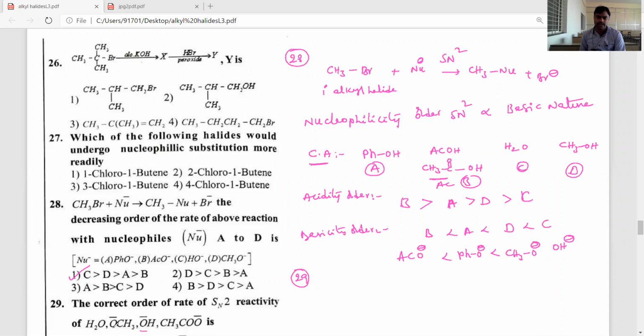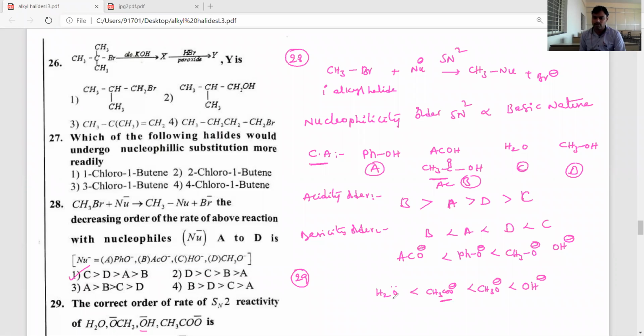OH minus is more than CH3O minus, and then acetate ion, CH3COO minus, because negative ions have more nucleophilic strength when compared to neutral molecules.